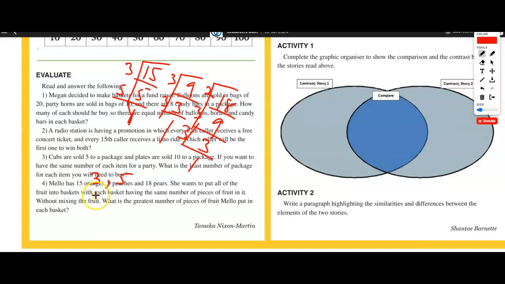The factors of the 9 would be 3 and 3. The factors of the 18 would be 2, 3, and 3. Now, which one can I find in all? I could find 3. So it means you could put 3 pieces per basket.